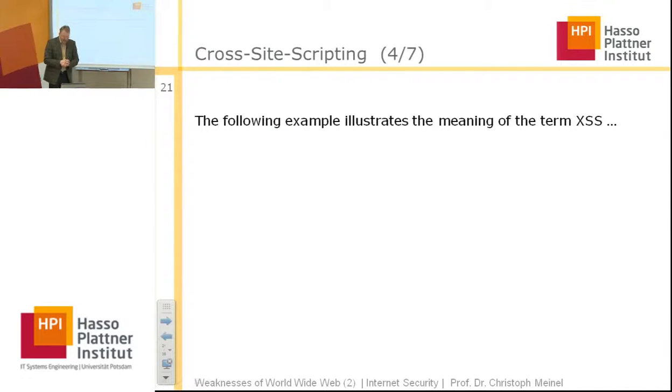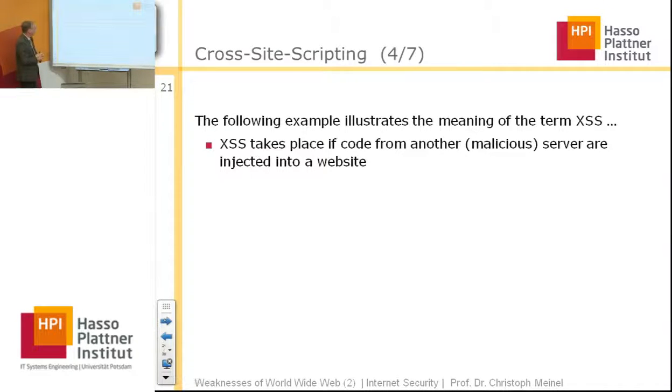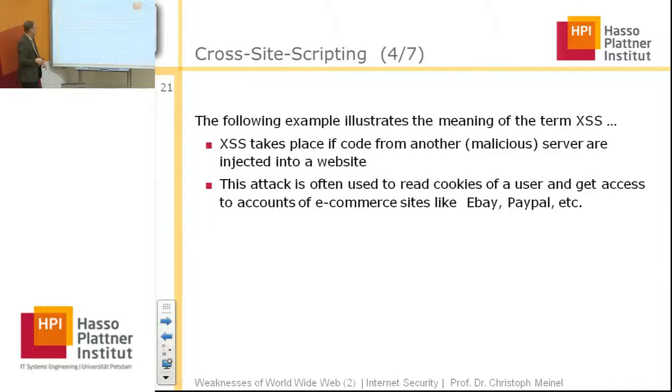Here comes another example, an example that illustrates the name of this attack, cross-site scripting. Cross-site scripting takes place if code from another malicious server is injected into a website. There is a crossing of the content.